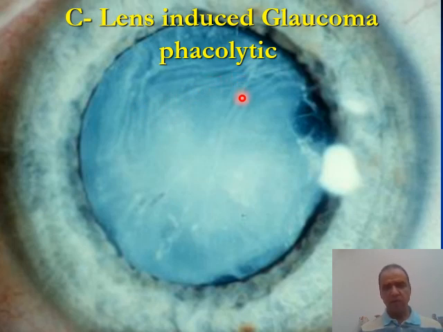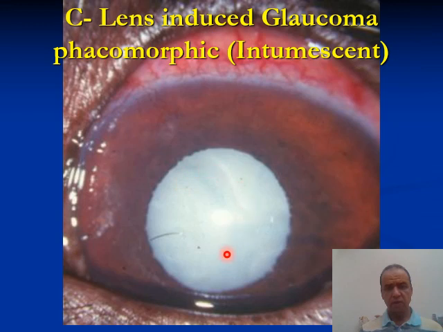So this is phacolytic glaucoma, and here the treatment is to remove the lens by cataract surgery. You can see here a mature cataract with a swollen lens, leading to pupillary block and to phacomorphic or intumescent glaucoma.